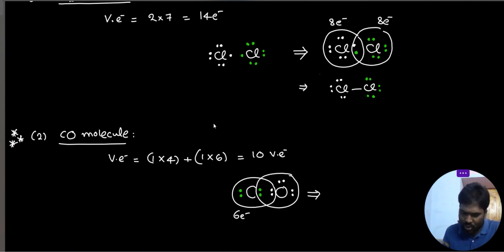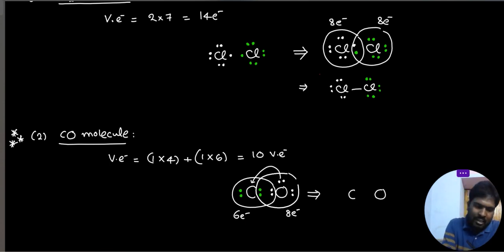But around the oxygen, 8 electrons. Oxygen obeys the octet rule, but carbon does not. That's why here a lone pair is there. If this lone pair is donated to carbon, then carbon also obeys the octet rule.